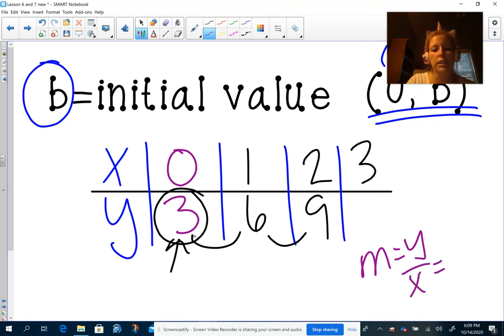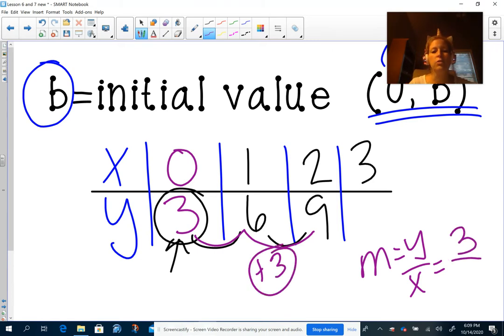How is my y changing, going from 3 to 6, 6 to 9? Did you say plus 3? Good. So your y is on top. Now, how am I moving on my x? I'm moving by 1. So what is my rate of change? My rate of change is a 3.